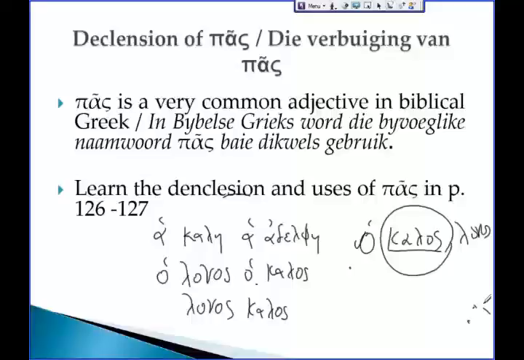And then it's nominative, masculine, plural, of what? Of pas, meaning every, and then you explain it to me. You explain the uses there according to the 5 rules that we have. When pas is used here with a participle, it means this. Pas is used here in an attributive, it means that. Pas here, it's used in a predicative, it means every, and so forth. Okay? Are we okay with that?